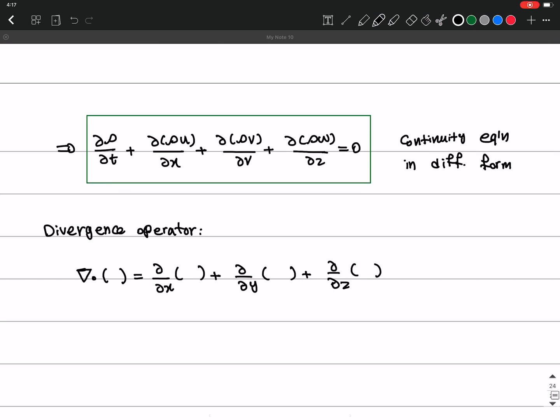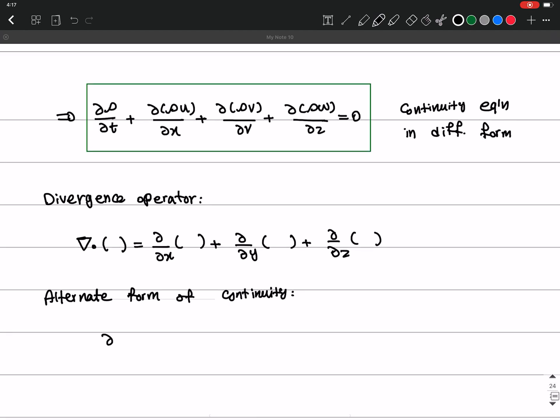Okay, so an alternate form of continuity is as follows: partial rho over partial t plus divergence of rho v vector equals to 0, right?